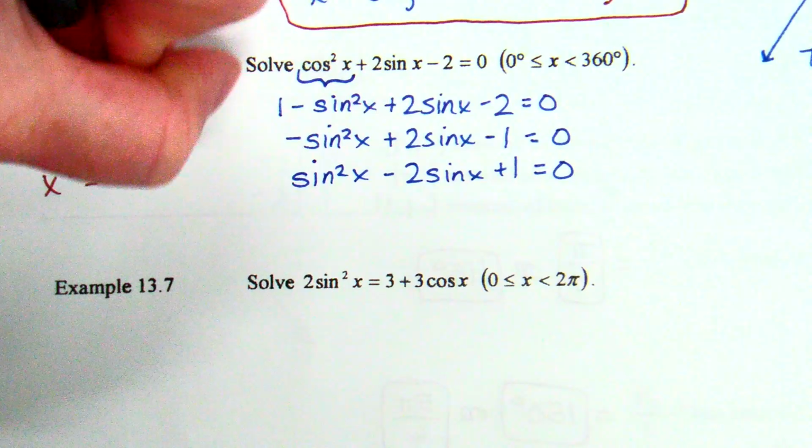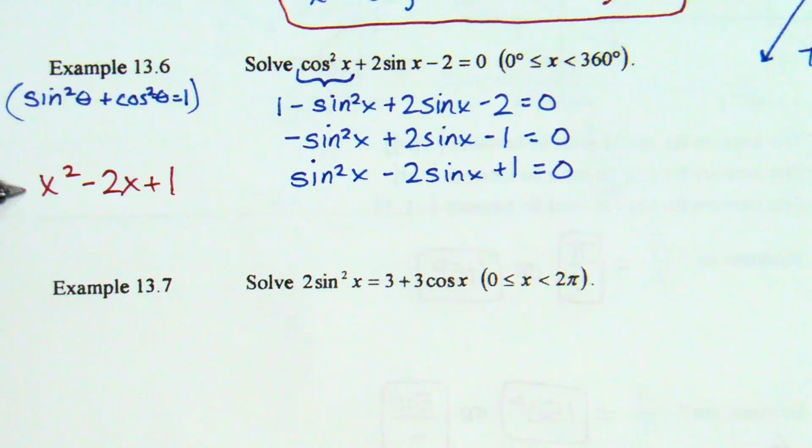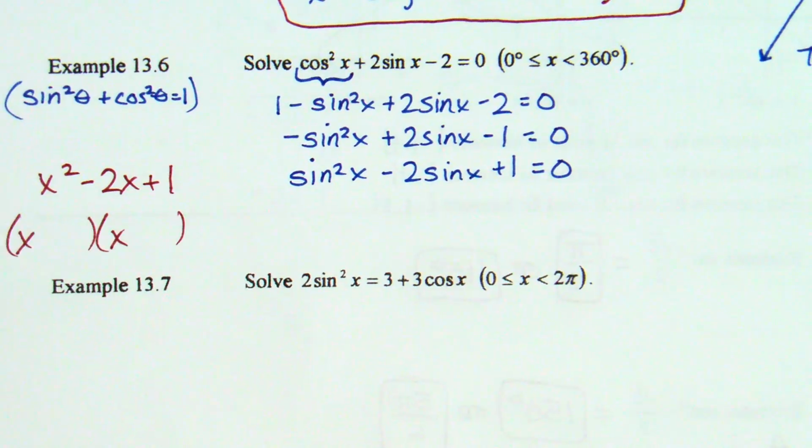Here's the algebra equivalence that you guys should be able to factor. Does this look familiar? x squared minus 2x plus 1. x squared breaks into x and x. What multiplies to be 1 and adds to be negative 2? Negative 1, negative 1. You can factor that, right? Algebra 1 was a long time ago, but you've used that a lot since then.